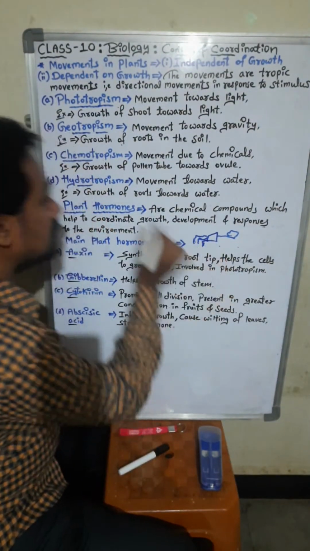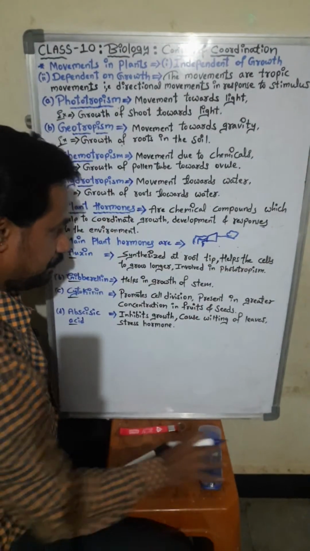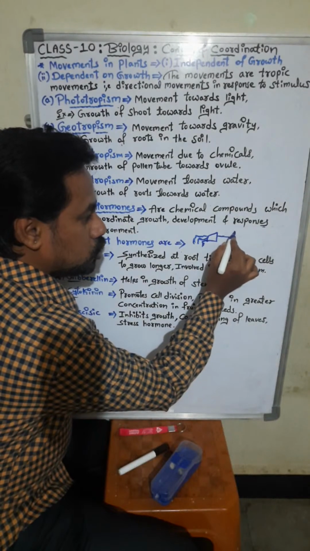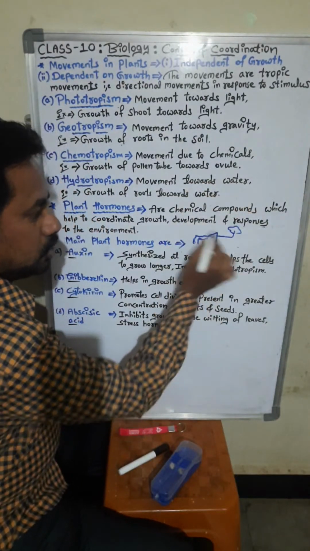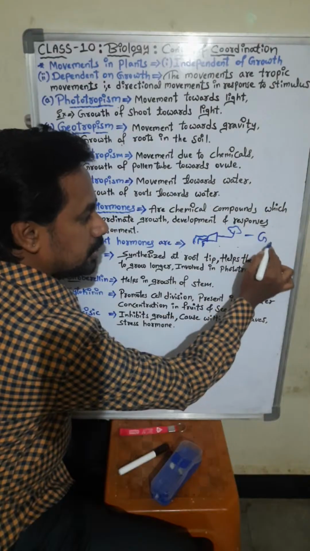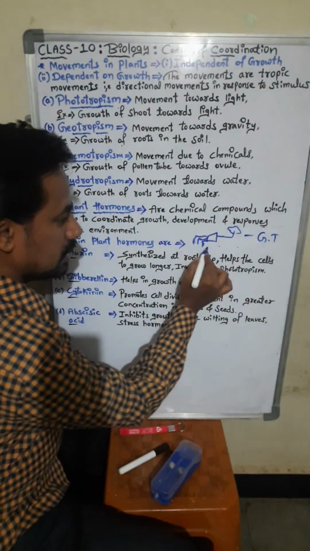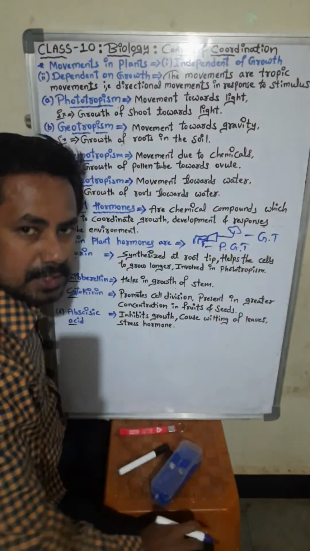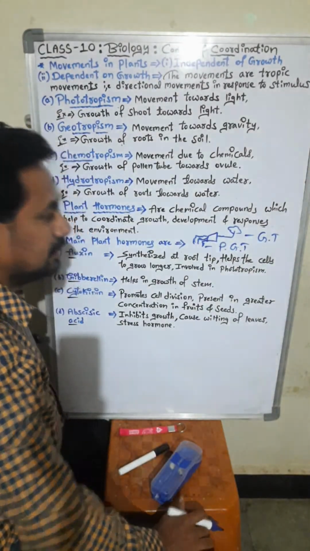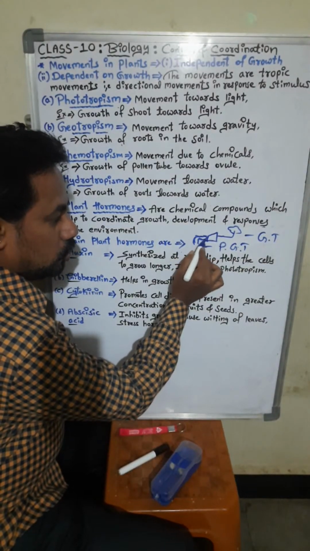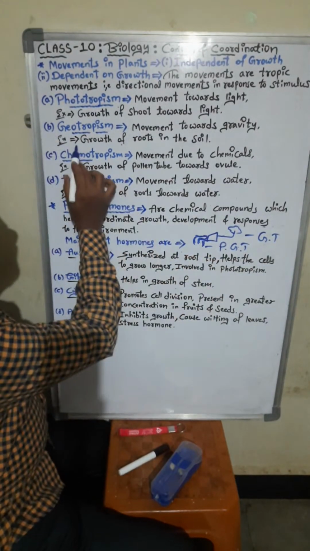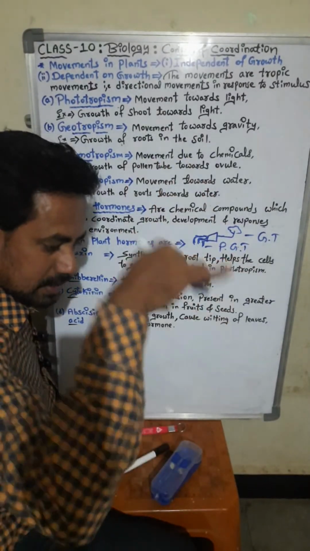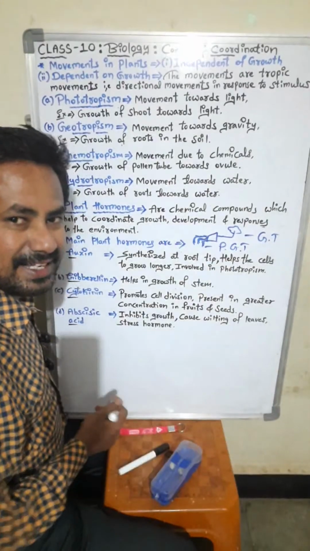This is known as geotropism. Now, the shoot will grow the opposite way, so this is negative geotropism. This is positive geotropism, students. Is it clear? The roots grow towards gravity. An example is the growth of roots in the soil, which is towards gravity. Simple, easy.